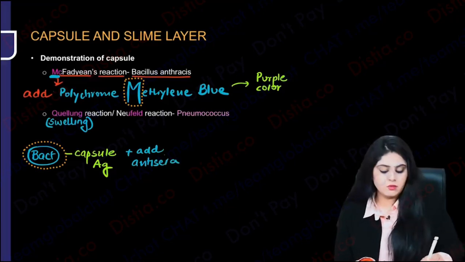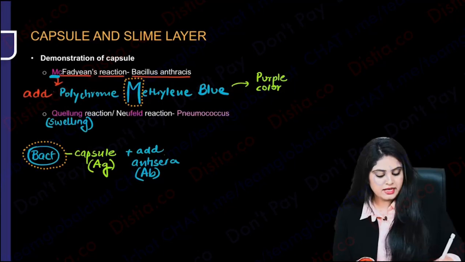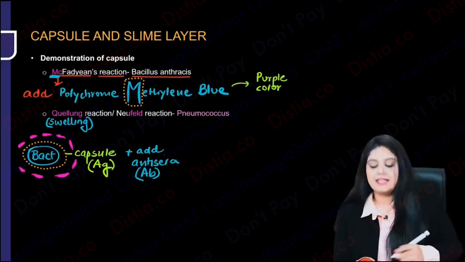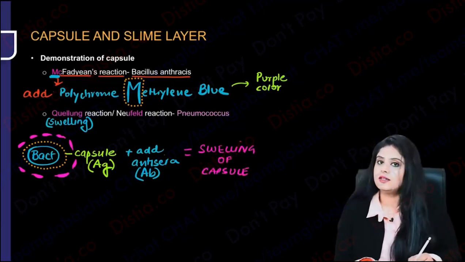There's an antigen-antibody reaction that is definitely going to take place over here. Will that result in the swelling of this capsule? This capsule will end up swelling. That is important. So please note that when they talk about swelling of the capsule, they are talking about the Quellung reaction. Easy.